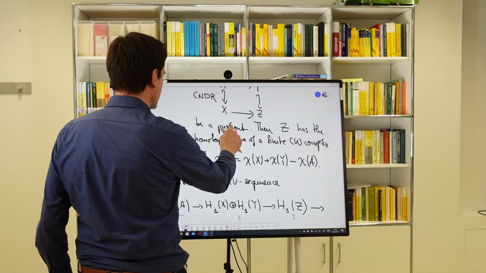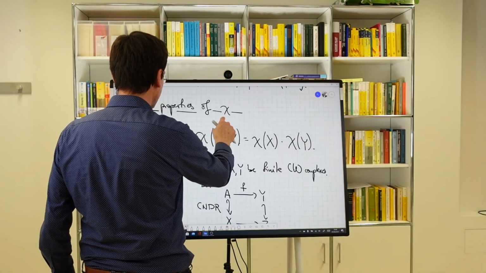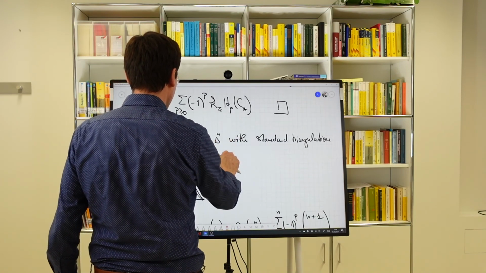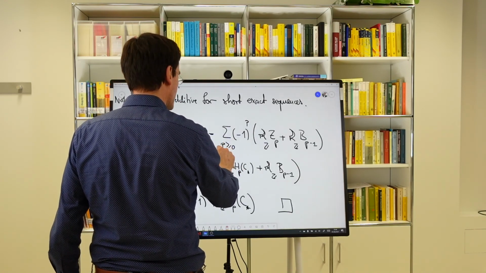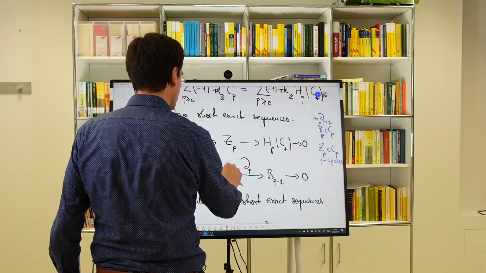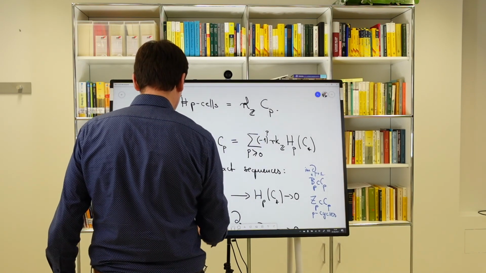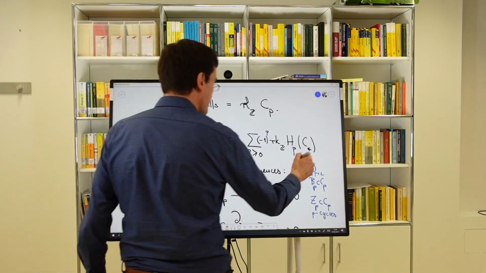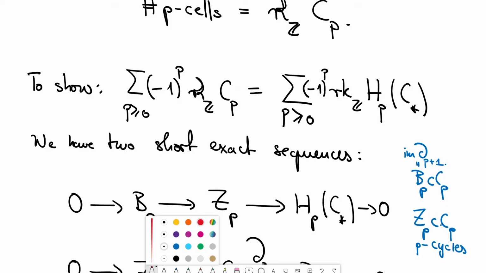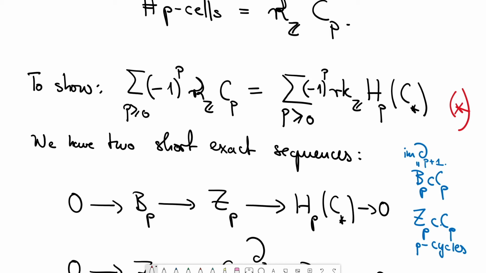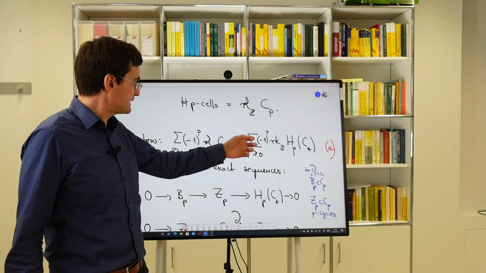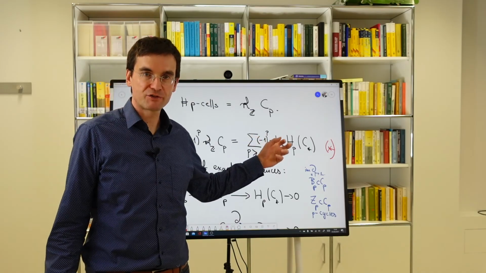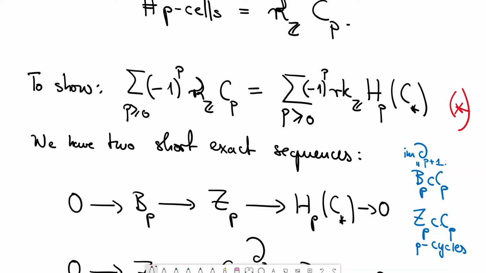And now we remember that in the proof of the Euler-Poincaré formula, let me go back, we had a statement here where all the topology was already gone. It all boiled down to proving that equality star, and the proof of that equality only involved chain complexes of abelian groups, as I emphasized.